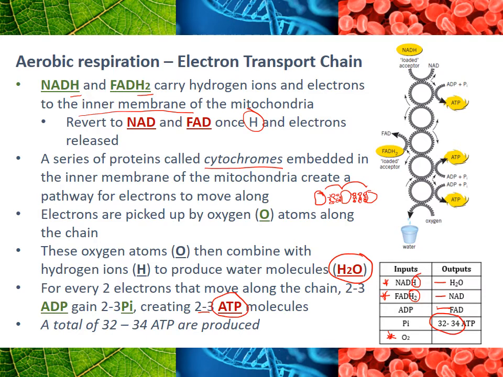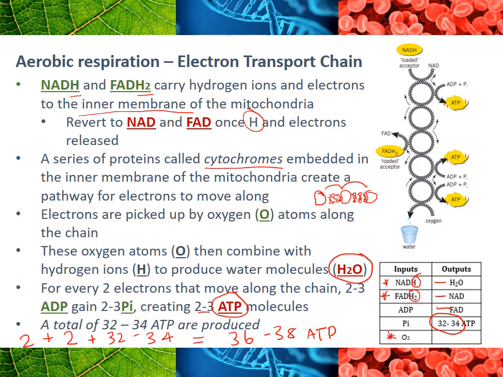So we had 2 in glycolysis, we had 2 in the Krebs cycle, and then we have 32 to 34 produced in the electron transport chain, which gives us a total of 36 to 38 ATP, which is the number we use in our total equation. Okay, so that is where it all comes from.